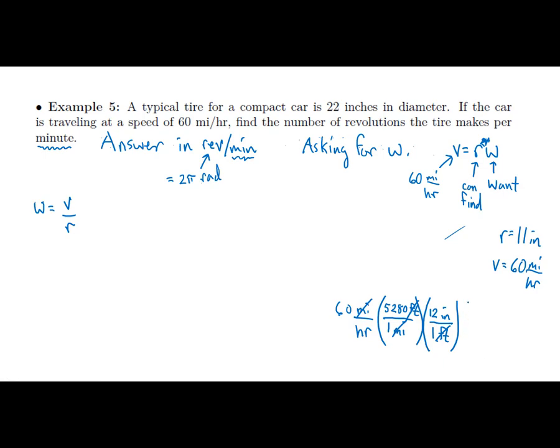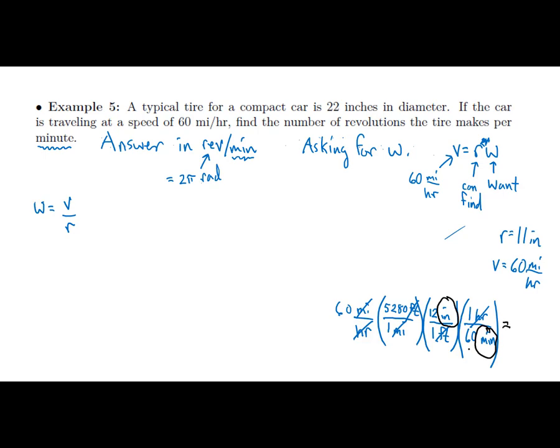So let's make that conversion here as well. I know that 1 hour is equal to 60 minutes. And so then my hours cancel, and notice that the only units to survive that whole process are the inches on top and the minutes on bottom.